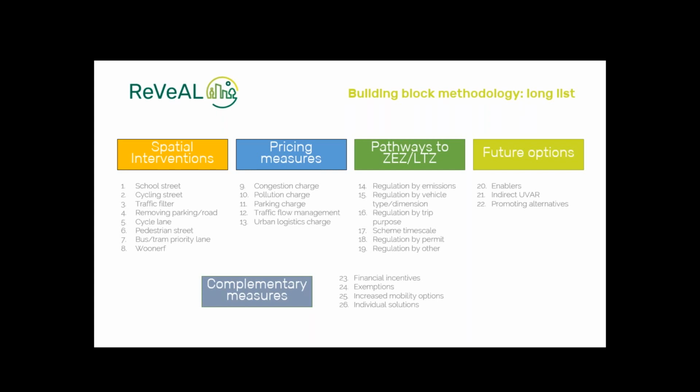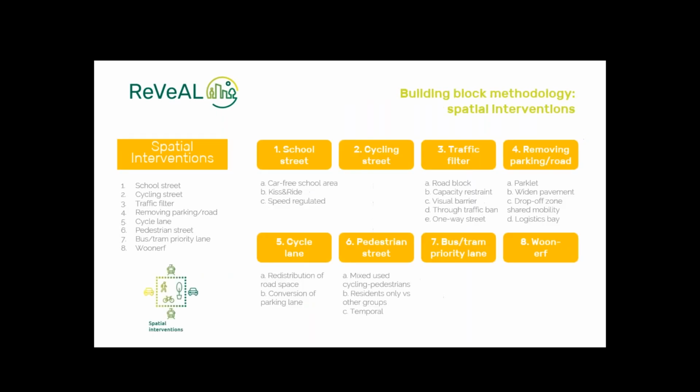Now, as I said, we have these different domains, from spatial interventions to complementary measures, all having different building block categories. All of these categories are defined, if possible, into smaller building blocks, of which we have 70 in total. For example, a school street can be a speed-regulated school street where cars are regulated up to a certain speed during certain times of the day.